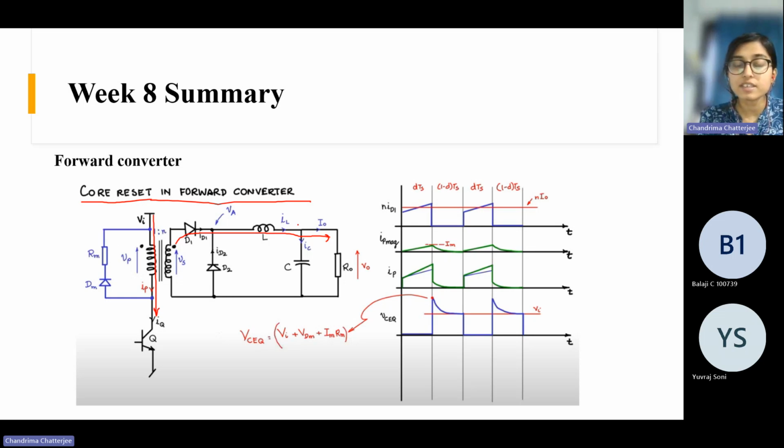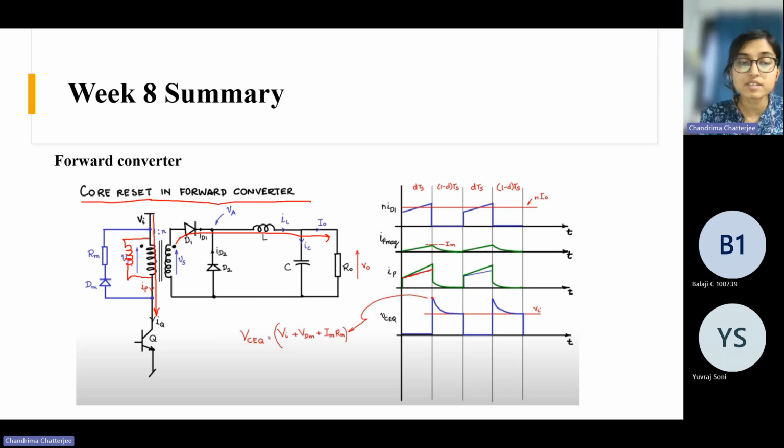So if the current here is I, it will be Ni here in the primary winding. This portion is the load reflected part, and then there will be one magnetizing current that flows through the magnetizing inductance, right? That current is usually very small compared to the load component.